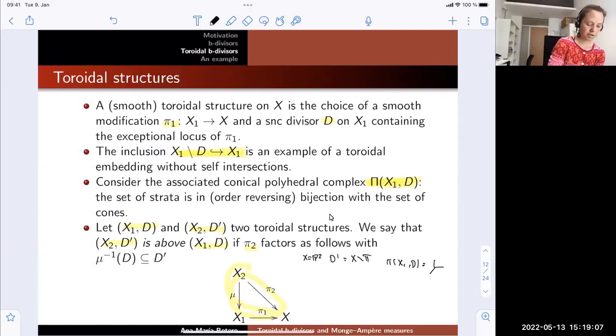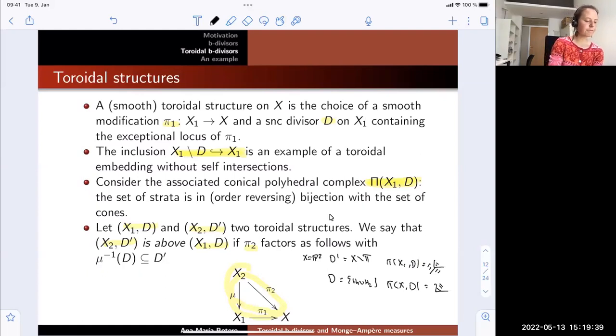But on P2, you can also consider the toroidal structure, for example, given just by two hyperplanes, right? And then here, the polyhedral complex is just going to be this positive orthant. So there are many different choices, and we're going to come to this a bit later.